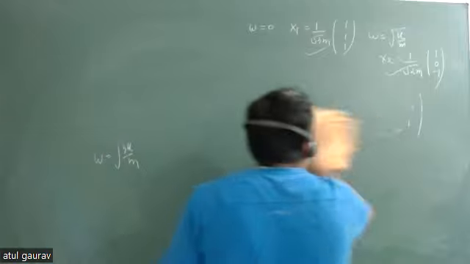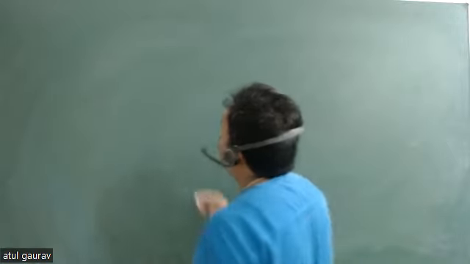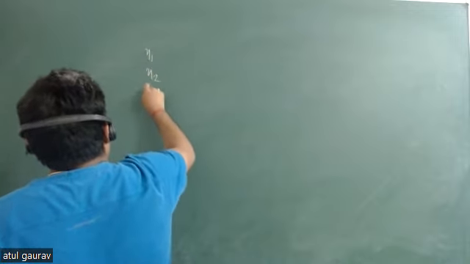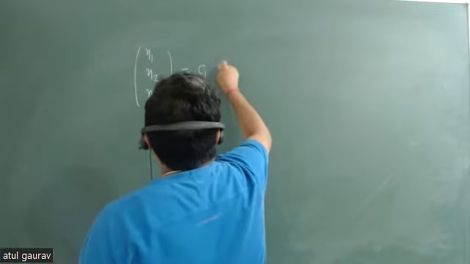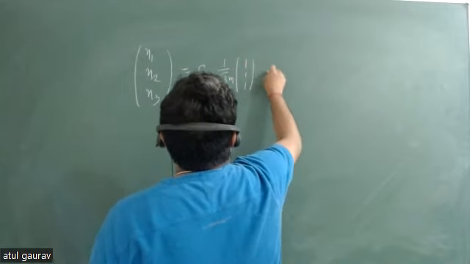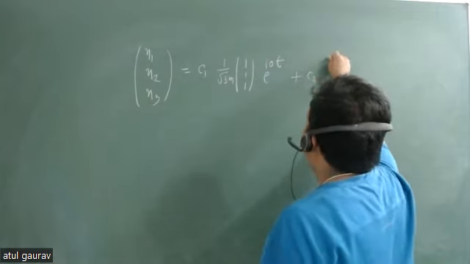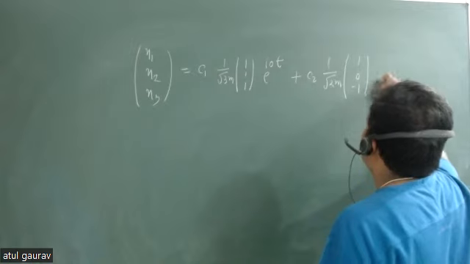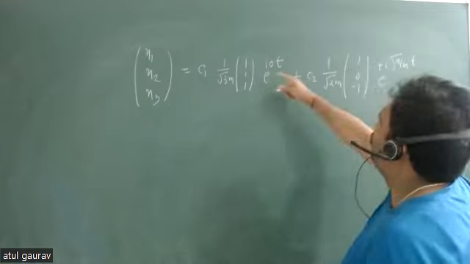So what is my complete solution? The complete solution is very interesting. We have basically eta 1, eta 2, eta 3 equal to C1, 1 by root 3m, (1, 1, 1) e to the power i 0 t, plus C2, 1 by root 2m, (1, 0, minus 1) e to the power minus i root k upon m t, or plus i, you can take plus or minus.